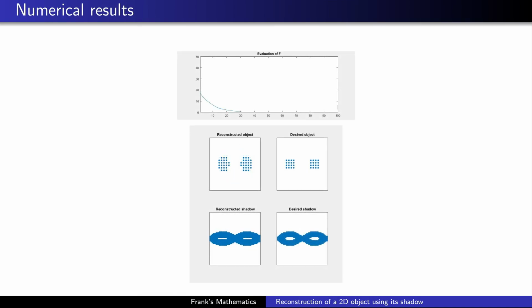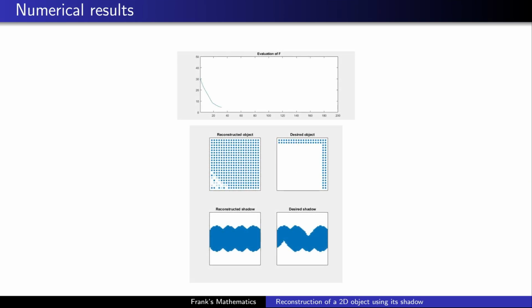Even for the non-convex case, for the two squares, we see that we have quite good convergence, at least from an optical perspective. So what happens if you go to the L-shaped form? For the L-shaped form, you can see it here, things are getting trickier.